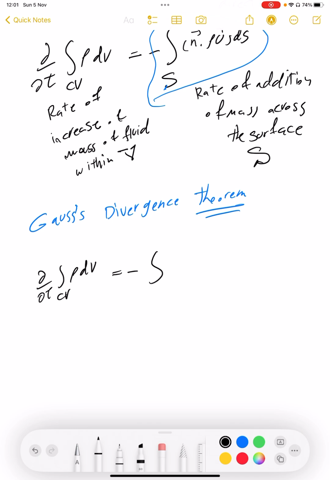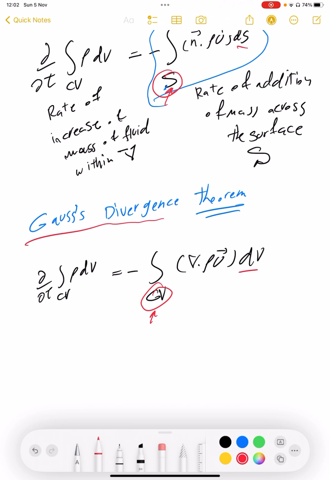I'm going to use the divergence theorem, which gives me the divergence of mass flux in dV. So this is actually quite cute, right? I replaced that term, which was an integration over the surface, with an integration over the control volume by using Gauss's divergence theorem, which has no proof.